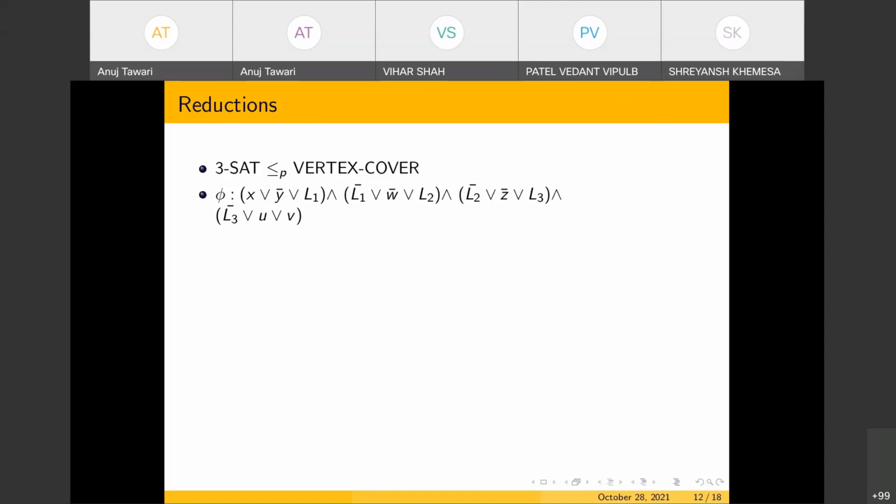Because the problem with a triangle is that you have to pick two vertices to cover that triangle, whereas what we are saying here is that even if only one of them is true, then the entire clause will become true.